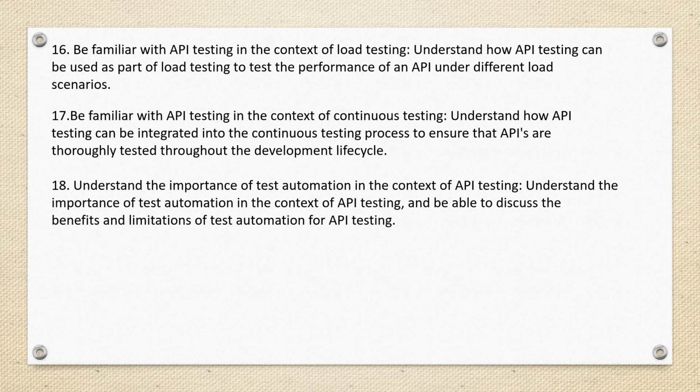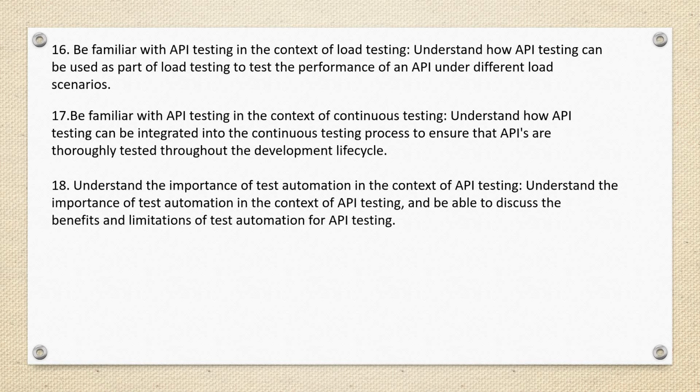Be familiar with API testing in the context of load testing. This is also what you do, load testing and performance testing. What tools you are using, and what parameters you are verifying. In terms of load testing, when you use LoadRunner, you will use the correlation ID.